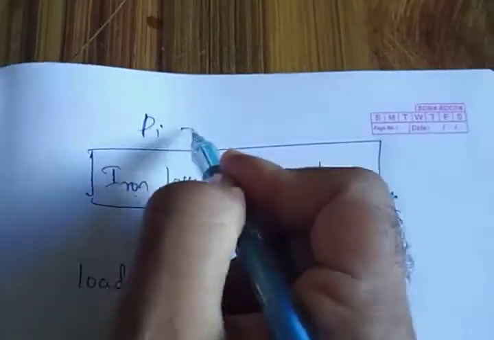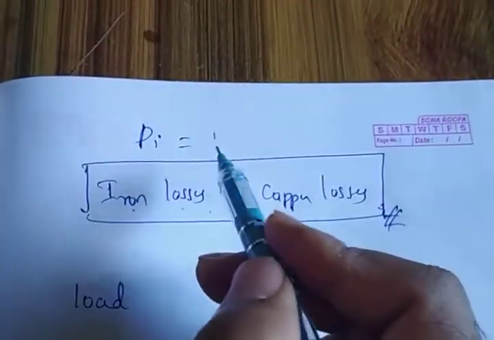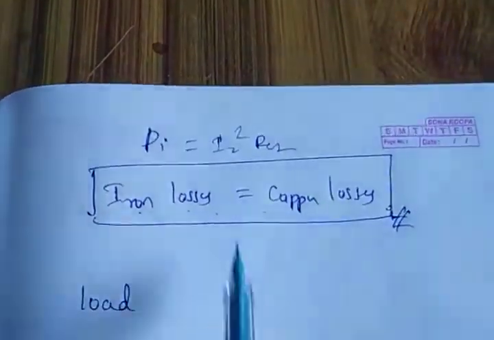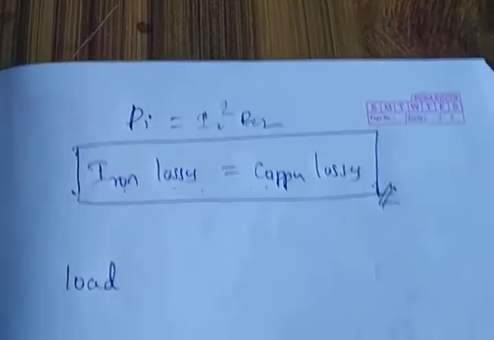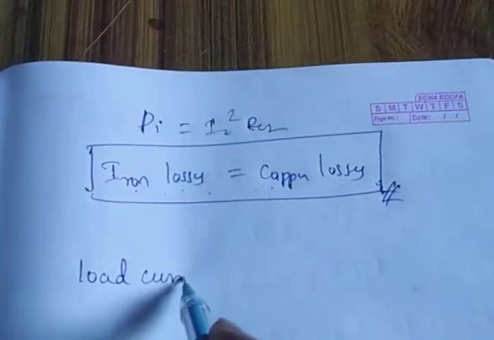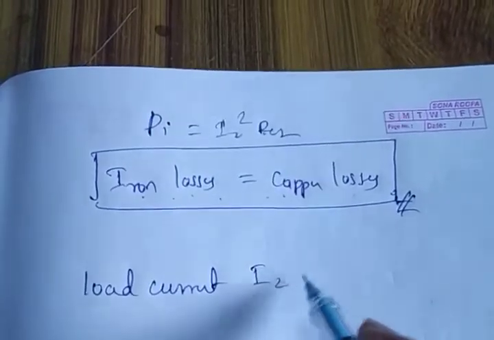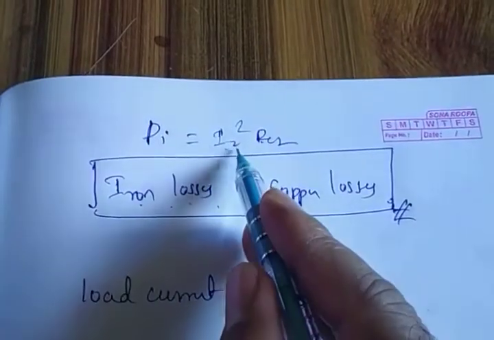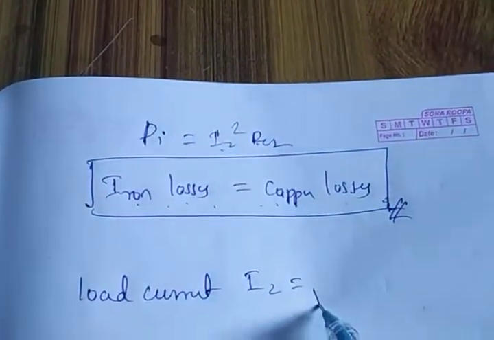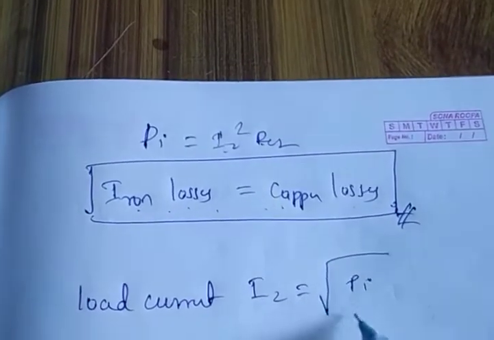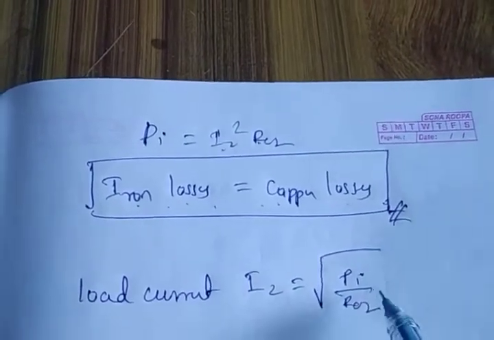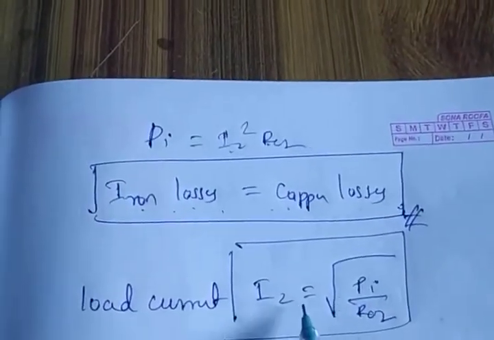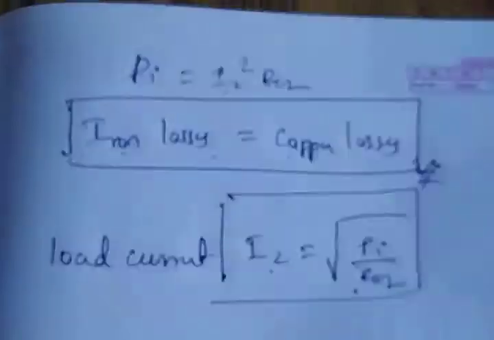Iron loss PI is equal to copper loss I2 square R02. So the load current I2 corresponding to the maximum efficiency is I2 equal to the square root of PI divided by R02.